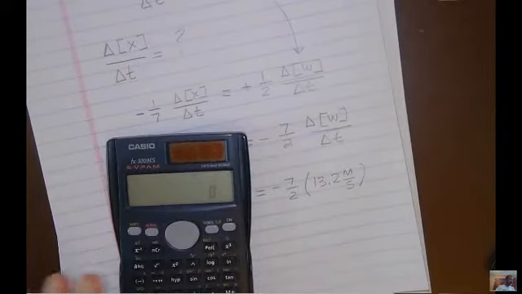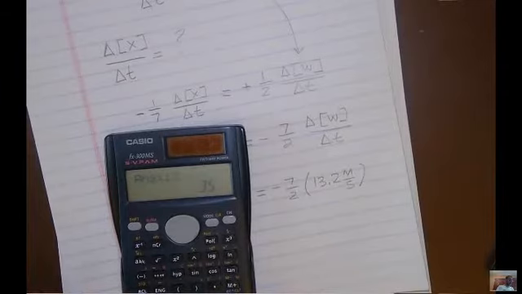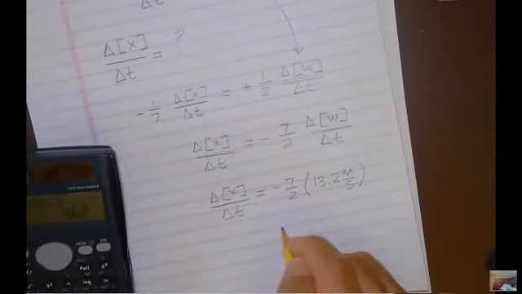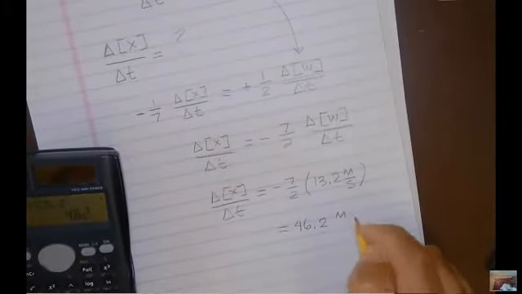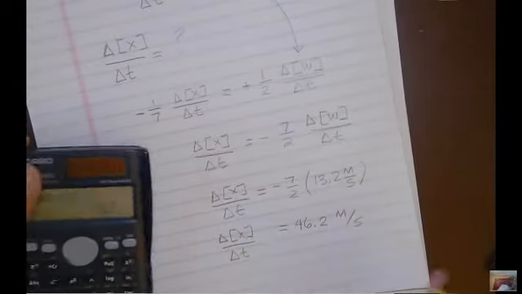Okay. All right, 7 divided by 2 is 3.5. 3.5 times 13.2 is equal to 46.2 molarity per second. And the last thing is I just need my negative sign, right? Because X is disappearing.